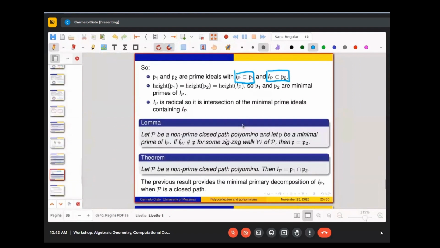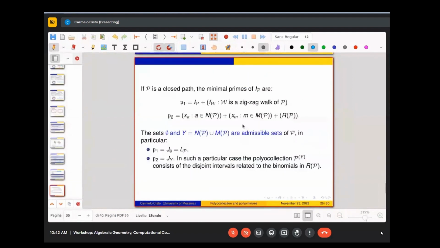But now, how to link these two ideas to the first discussion? Now, the ideals P1 and P2 are indeed ideals associated to some admissible set. For instance, P1 is associated to the admissible set that is the empty set. The empty set is trivially an admissible set of a collection of sets, or anyway of a polyomino collection.